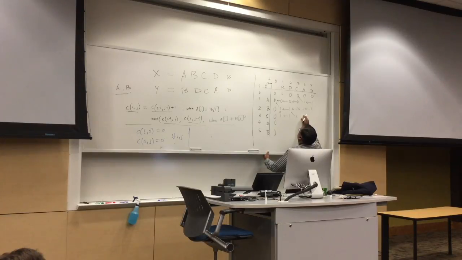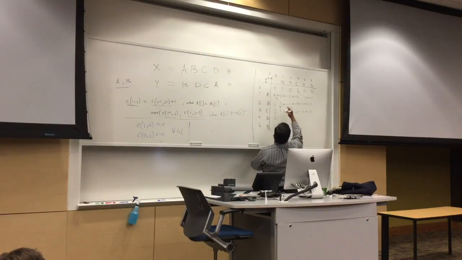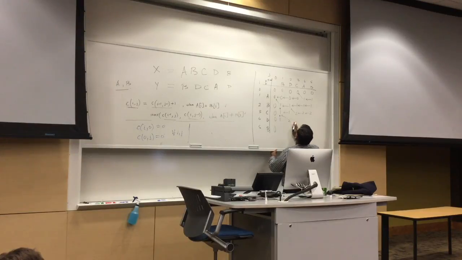And then what's the number here? 2 here. 2 here. Now let's see. This is 1 coming from here. You got D and D. You got 2 from here. Then you got 2, 2, and you got 3.